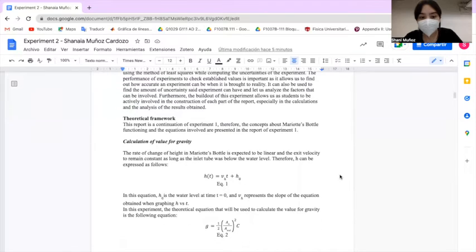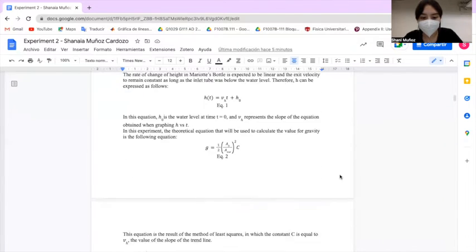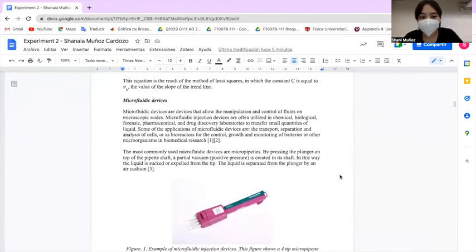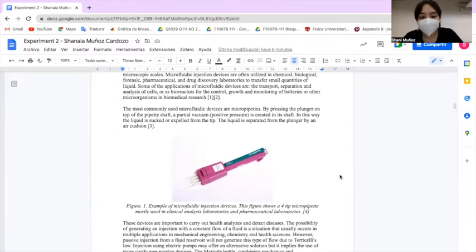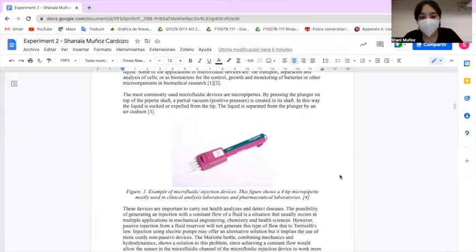As our theoretical framework, we presented the equations used to calculate said value for gravity. We also did an investigation about microfluidic devices, in which we mentioned the most commonly used microfluidic devices, which are micropipettes.